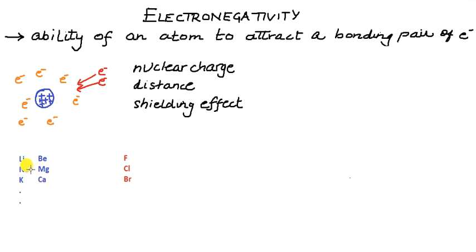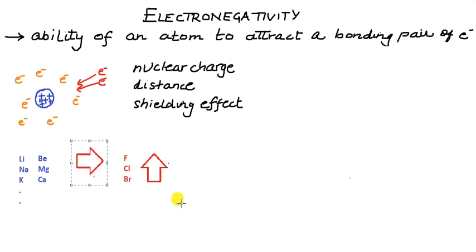As a result, down the group, electronegativity decreases, and up the group, it increases. So as we go up the group, it increases, and as we go across a period, it also increases.